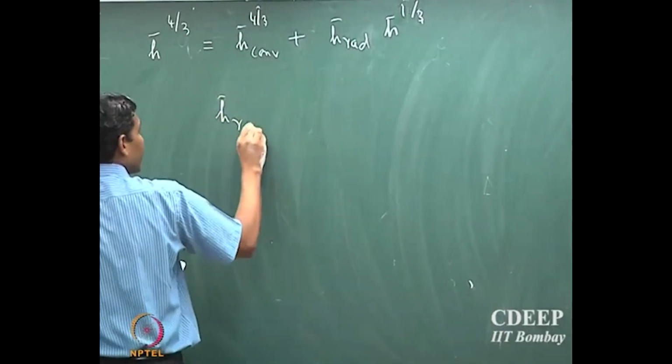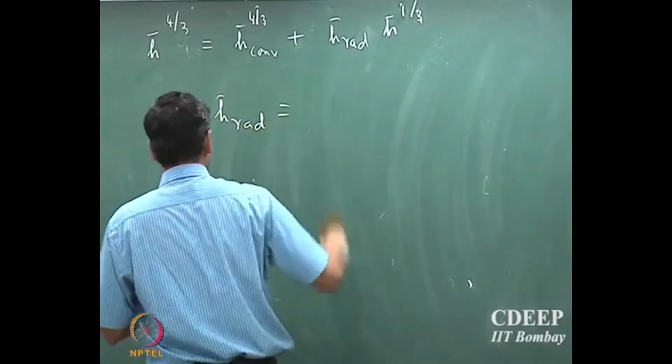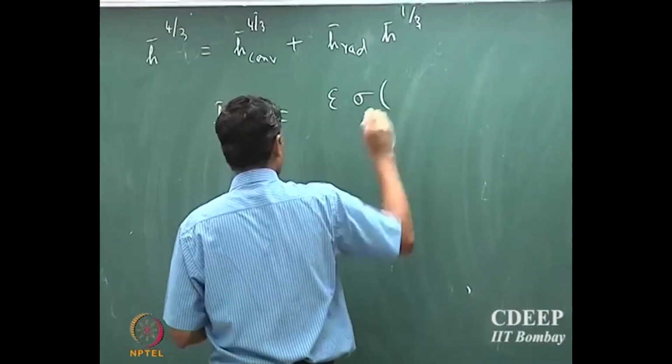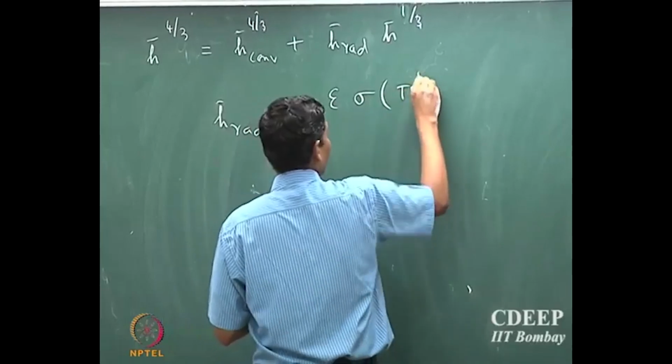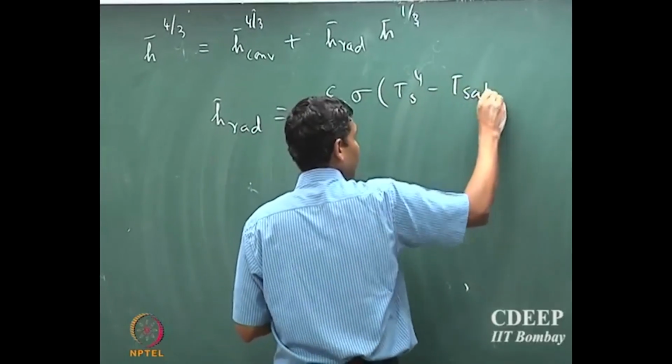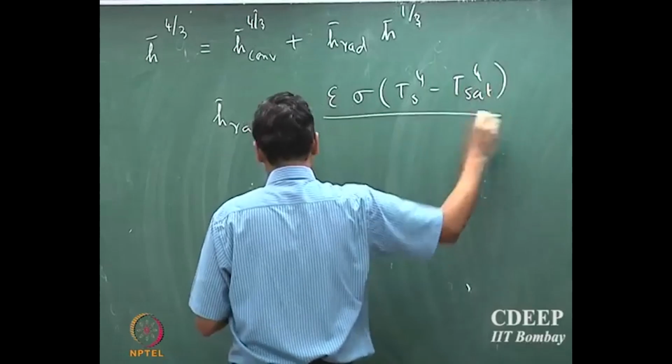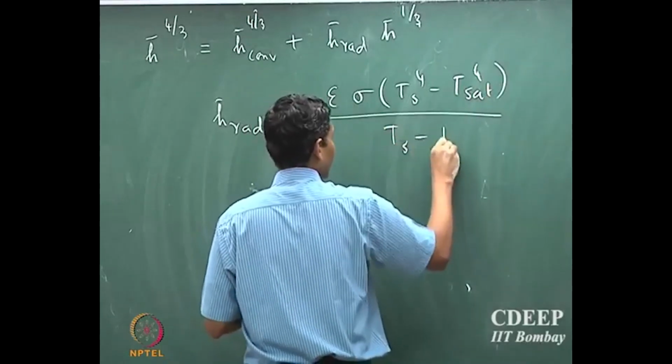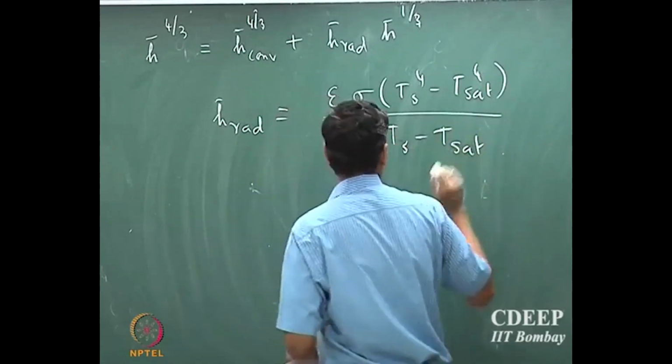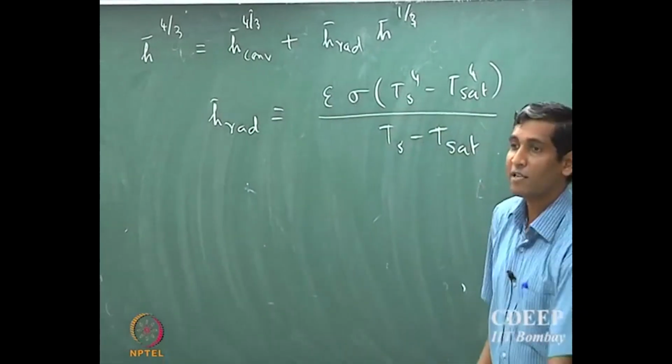So H bar radiation is defined as epsilon sigma times Ts to the power of 4 minus Tsat to the power of 4, divided by Ts minus Tsat. So it's very similar to the way we defined it.